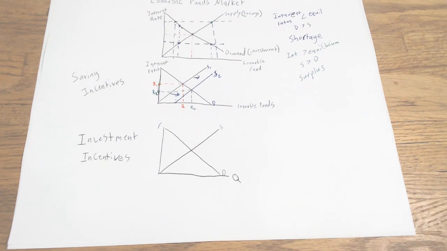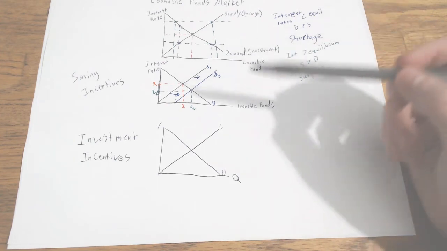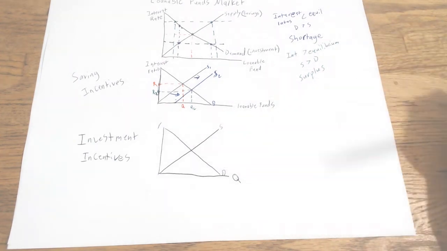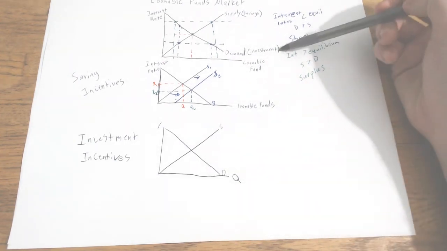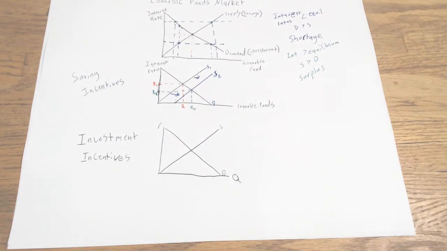So the demand is going to shift in which direction? Let's take it step by step. Our first step is decide which curve is shifting. Because it's an investment tax credit and we are trying to encourage investing, we know it's going to shift our demand, not our supply, because demand is our investment. If our demand is shifting and it's becoming more attractive because we want to encourage investing, that's going to shift our demand to the right.